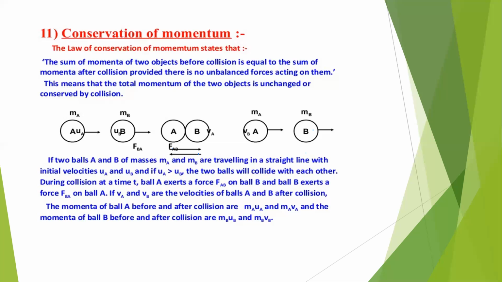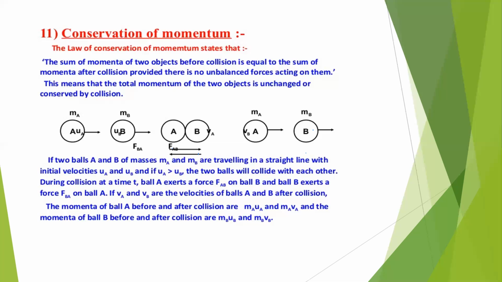As I told you, when any object is there, it should move with some velocity. So the velocities of these two bodies are taken as UA and UB. For body A it is taken as UA, for body B it is taken as UB. And this is very, very important: UA is greater than UB. What is the meaning here?